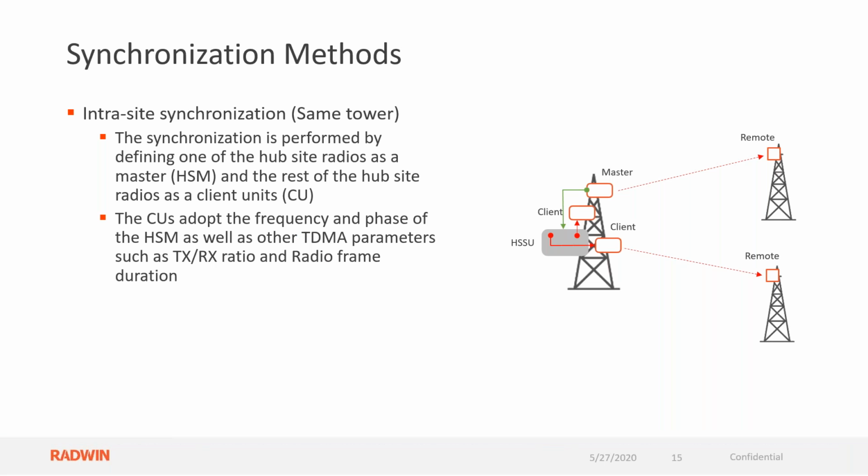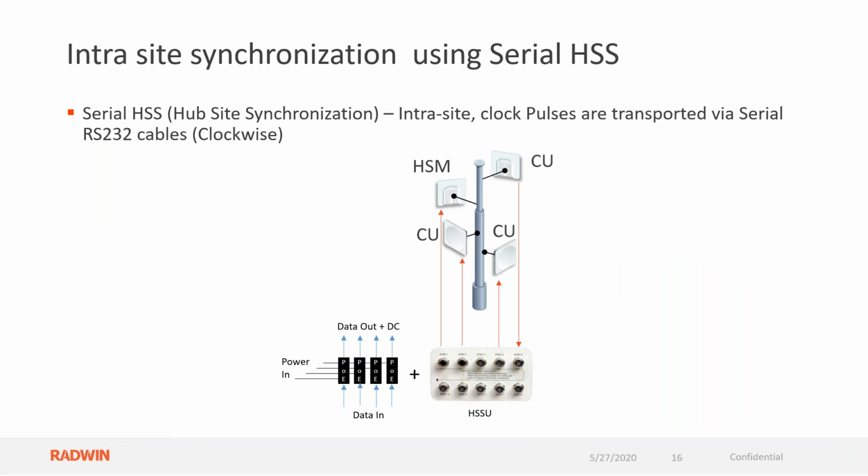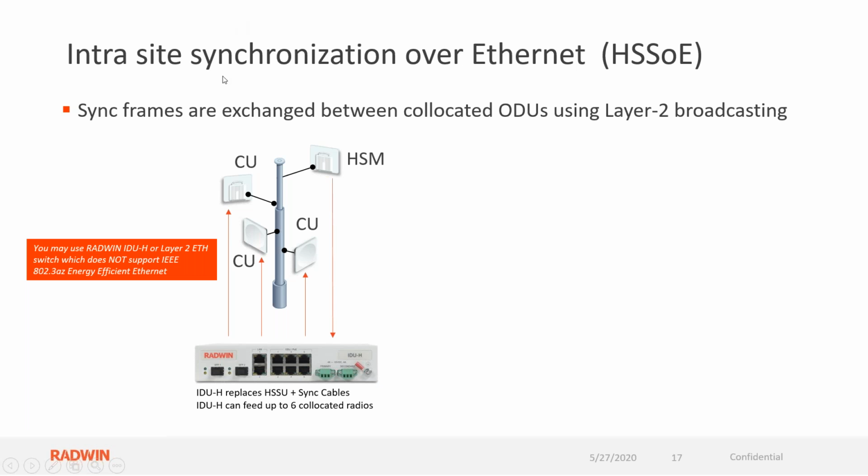This is the master. He will provide the same clock to all the subscribers or clients at the same time. How is it done? It's done by packet, by clock packet, like it's done in the NTP protocol over Ethernet, the time protocol over Ethernet.